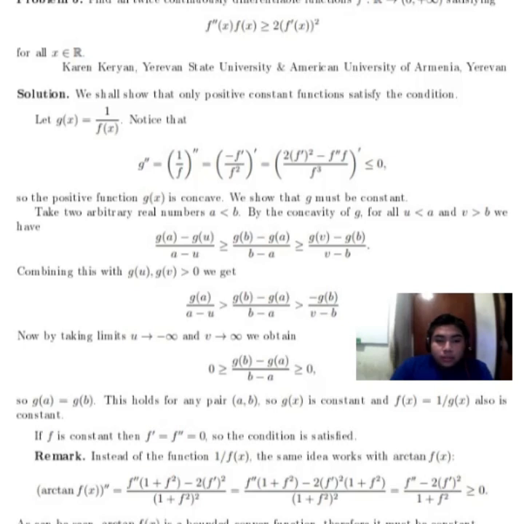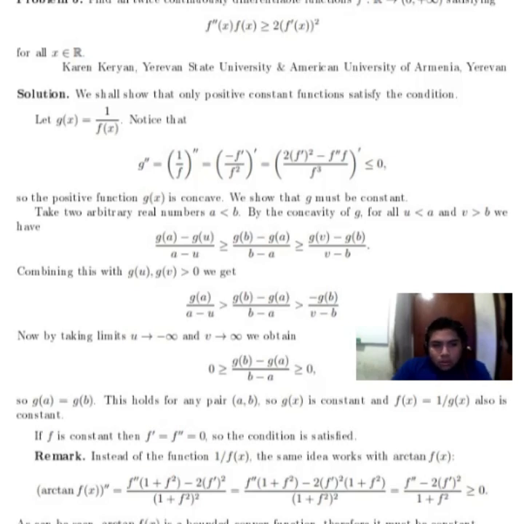Now by taking the limit u to minus infinity and b to infinity, we obtain 0 is greater than or equal to (g of b minus g of a) over (b minus a), which is greater than or equal to 0. So g of a equals g of b.